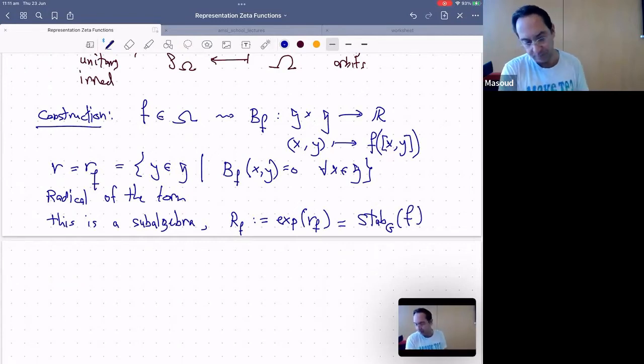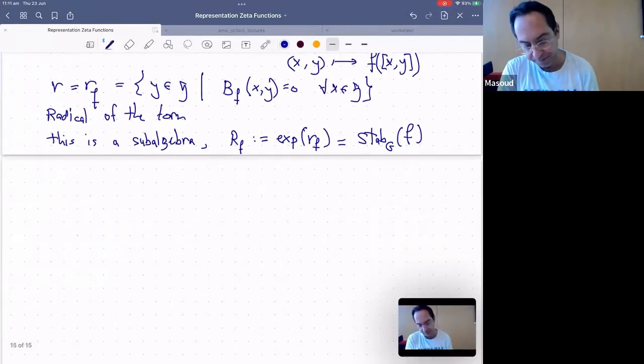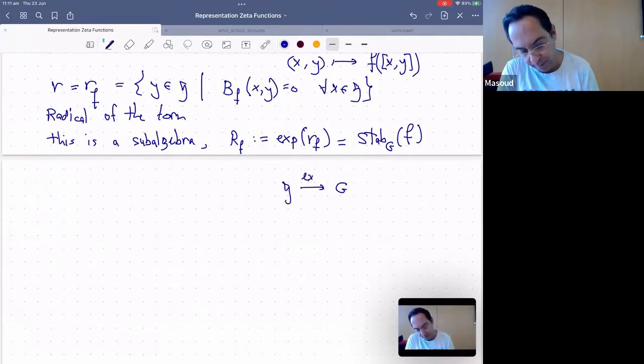And let's draw some picture here. So what we have here, the group G, and we have the Lie algebra G, and we have the exponential map.